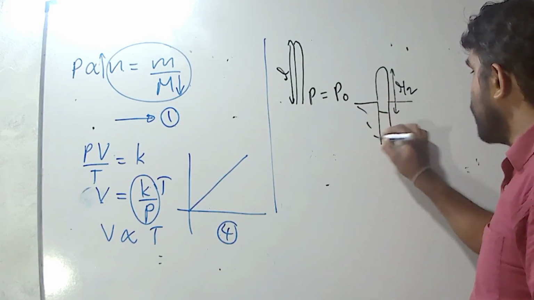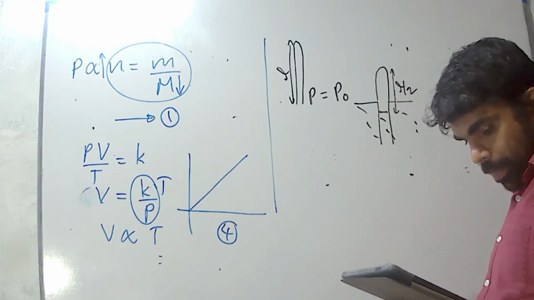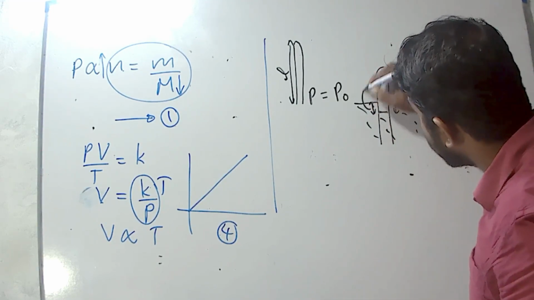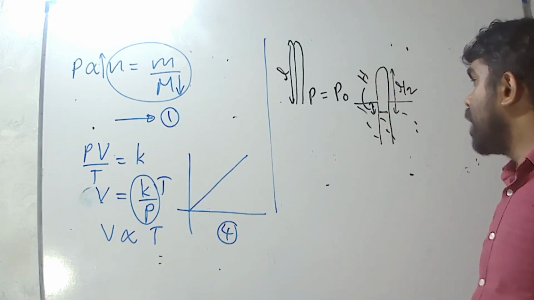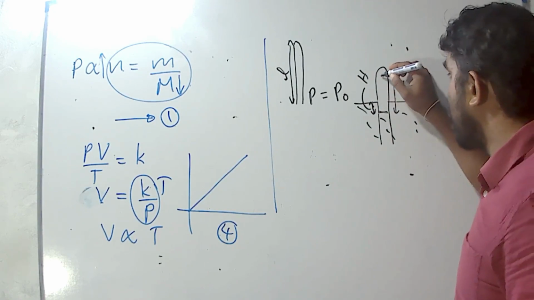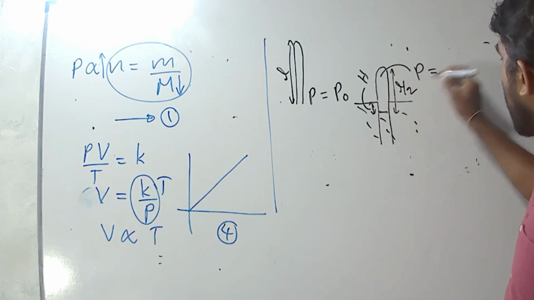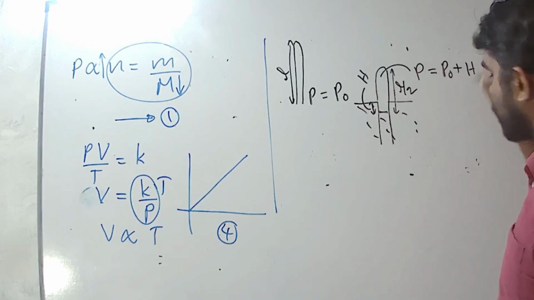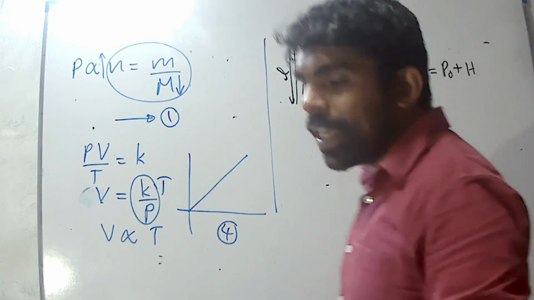They have given that the meniscus is at a depth of capital H. Then we can get the pressure here: atmospheric pressure plus capital H, using the corresponding liquid height.